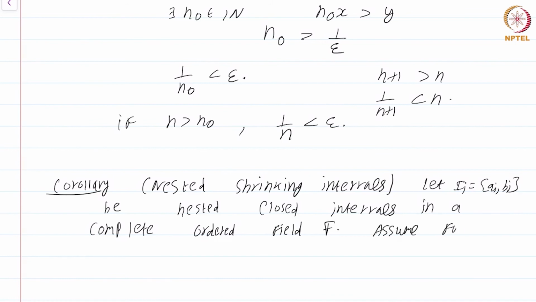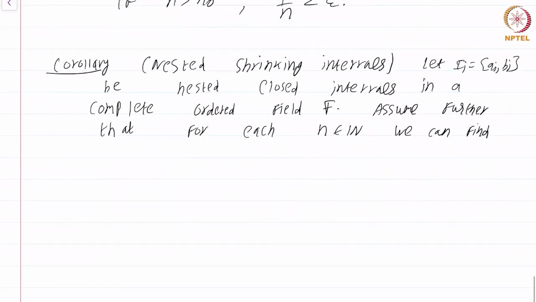Assume further that for each n in N, we can find I_n such that modulus of b_n minus a_n, in other words, the length of the interval I_n, is less than 1 by n.